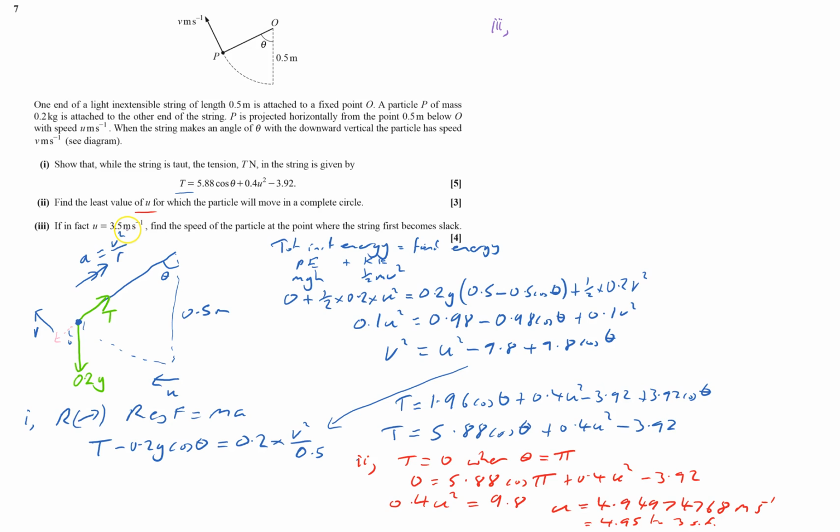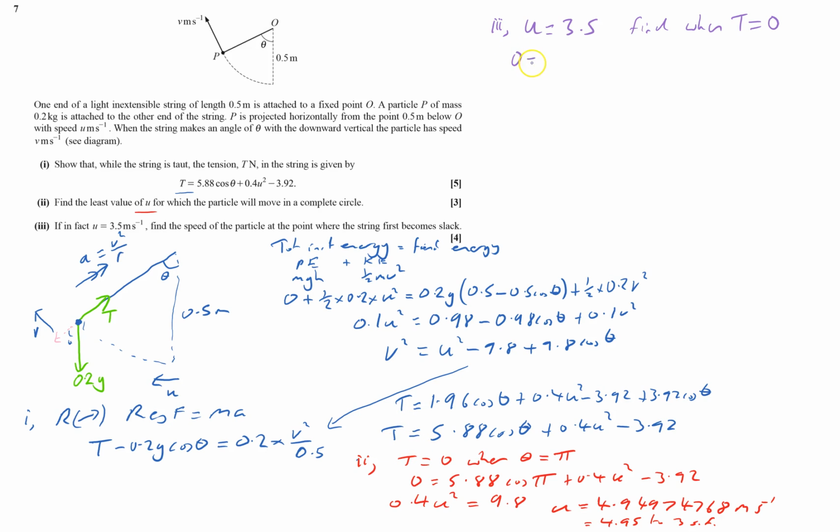Okay, so we'll do part 3 up here. Given in fact that u equals 3.5, well, it's less than that, find the speed of the particle at which the string first becomes slack. So u equals 3.5, and find when T equals 0. So I just put it into my T formula, which I worked out earlier.